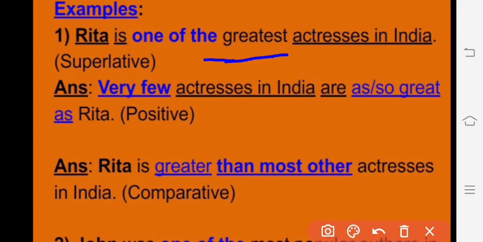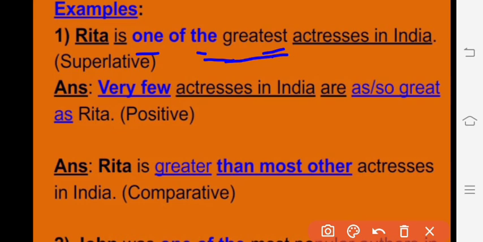But the second type shows that if the superlative degree contains one of the greatest, one of the highest, this kind of formation is called the second type. And in the second type you have to remember, when one of the est form or one of the most form is given, what do you have to do?